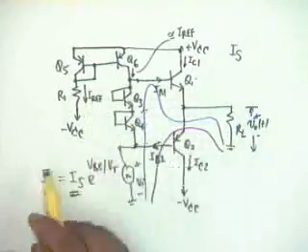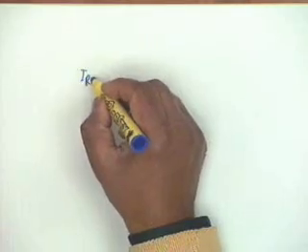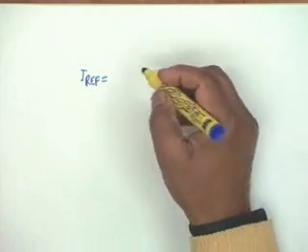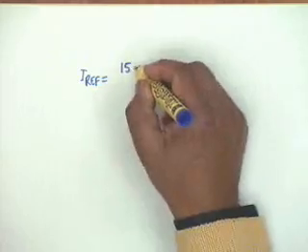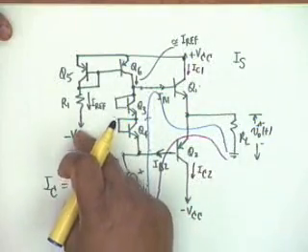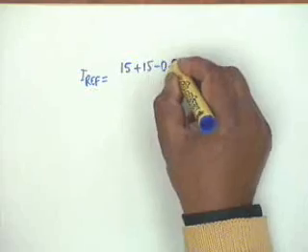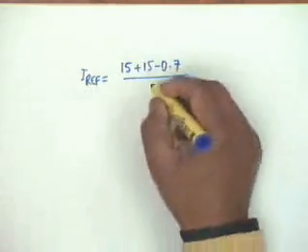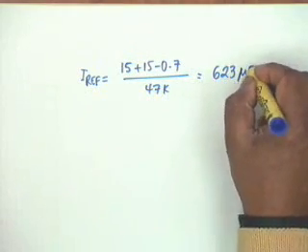The first thing we find is IREF, and IREF obviously is VCC minus minus VCC, that is 15 plus another 15, this voltage minus this voltage, minus 0.7, divided by R1, which is given as 47K, and this calculates out as 623 microampere.